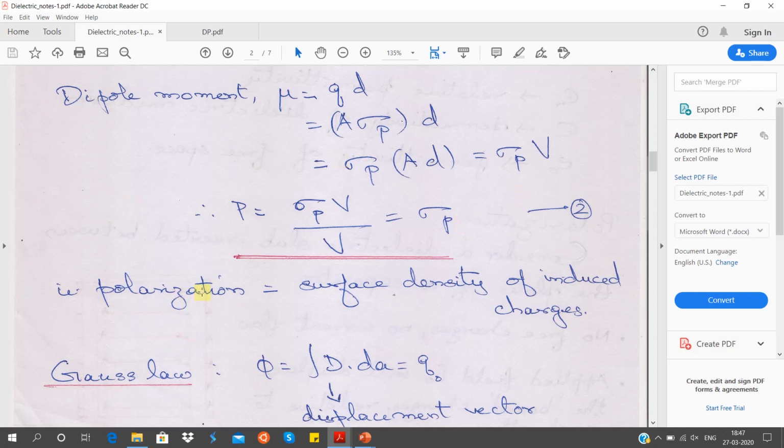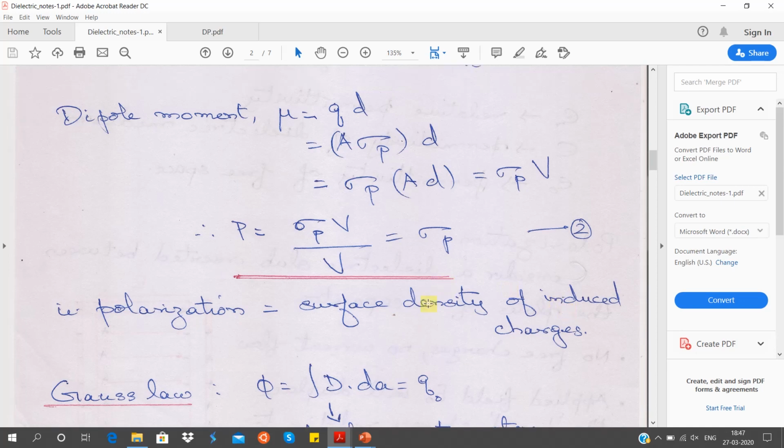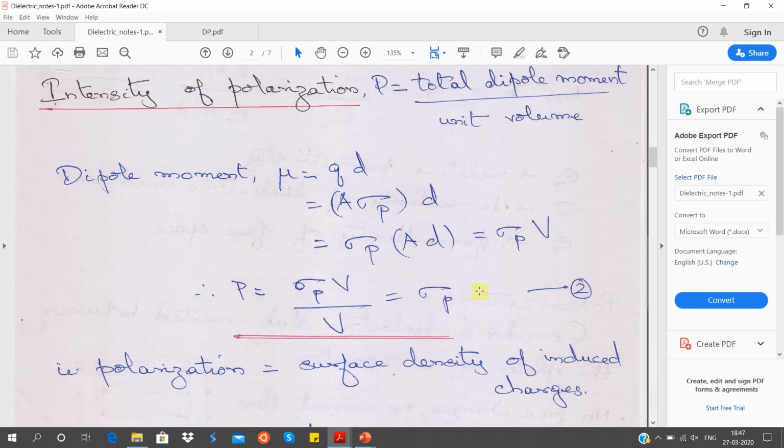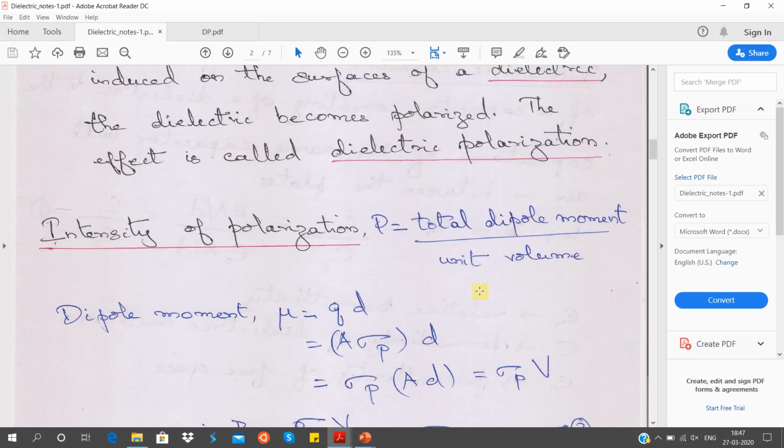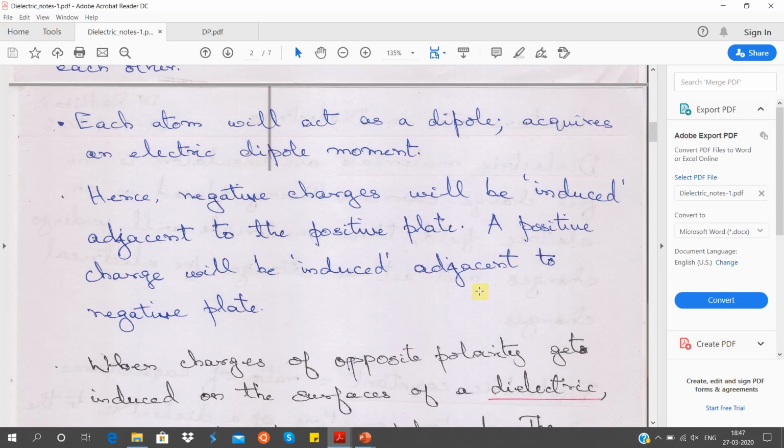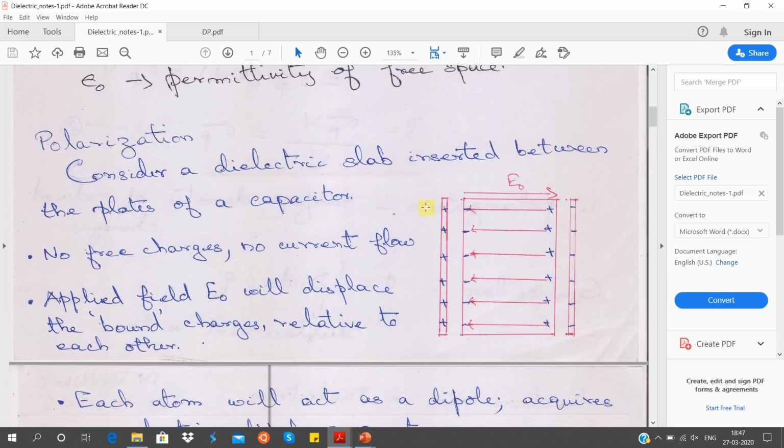Obviously, I have already defined it another way: polarization is equal to the surface charge density of bound charges or induced charges. Remember, this is another name which we have already given for the bound charges. So in this particular session we have basically understood what dielectric polarization is, and how dielectric polarization occurs in a dielectric material.